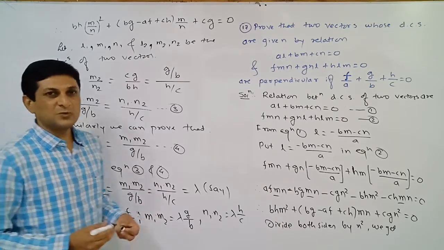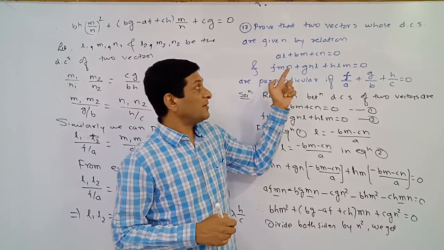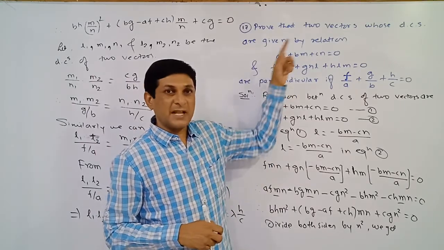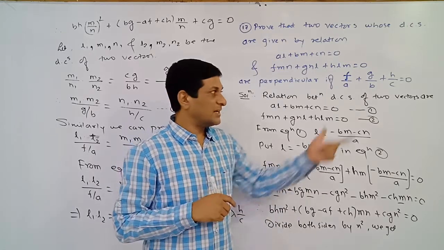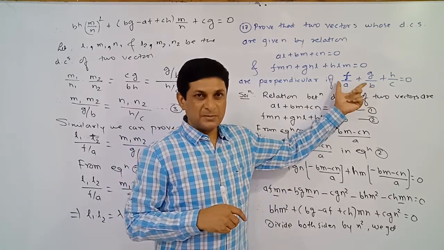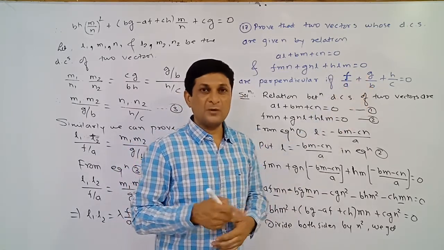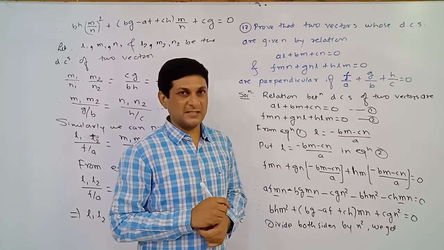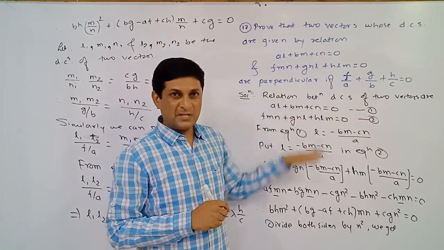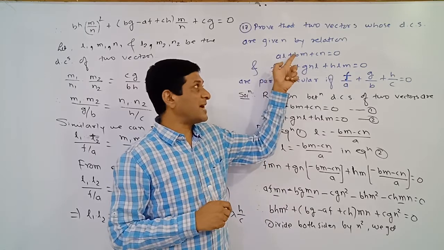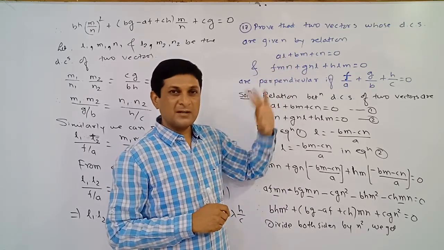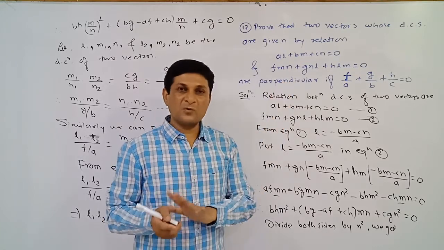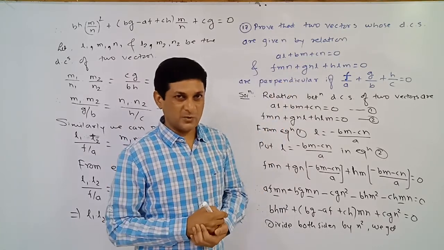Simplifying it, we will get these results. Now it is given to us that the lines are what? Now we are using this condition. If the lines are perpendicular, then using this condition, let us try to get our required result. Now we are using the second condition in the example. What second condition? Up till now we have used which condition? That direction cosines satisfy these two equations, which are nothing but the relation between direction cosines.